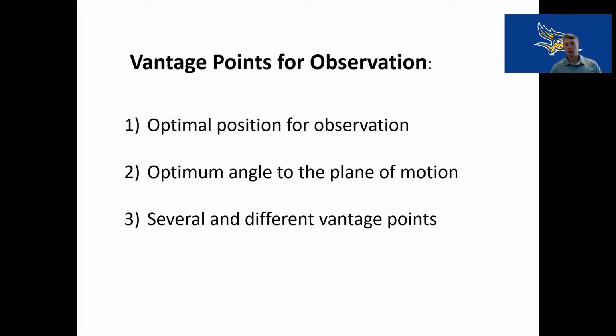For a transverse plane movement, if you can view it from the top, that's optimal. Less than optimal, you want to use a diagonal angle for rotational movements. So using some kind of off axis, so not sagittal, not frontal, some kind of diagonal axis somewhere in between to view those transverse plane movements, so you can get a better vantage point of the rotational components occurring within that movement.